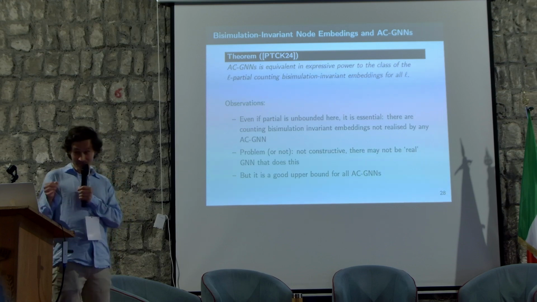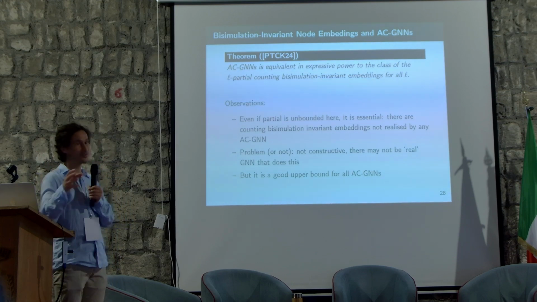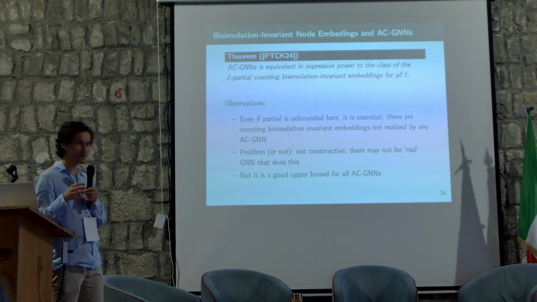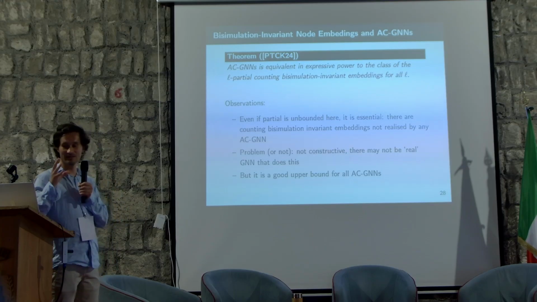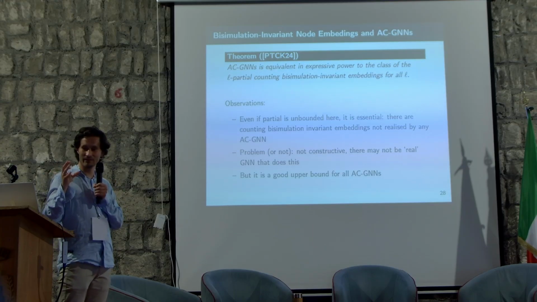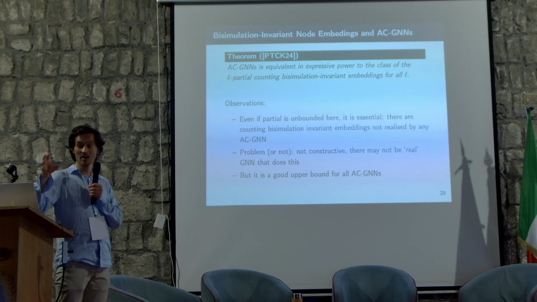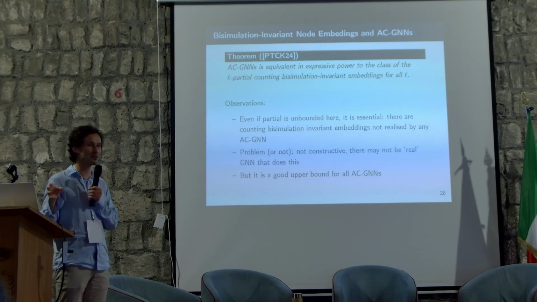So, as I say, these two things are the same. But it's good to remember that we are in the setting of AC GNNs. So, for example, AC GNNs are not constructive, in the sense that there are partial counting or even bisimulation invariant functions which are not computable.